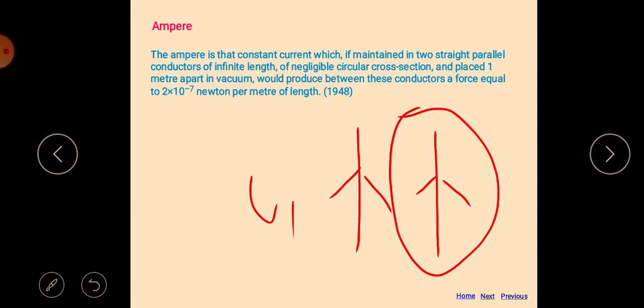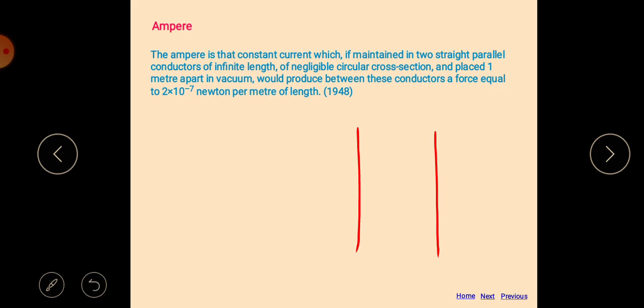If these two wires are 1 meter apart and kept in vacuum, and the force between these two is 2 into 10 raised to power minus 7 Newton per meter, that means the force per unit length is 2 into 10 raised to power minus 7 Newton, then the values of currents flowing in these two wires are 1 ampere each. This is the actual definition, and you will learn about this concept in class 12th. So this is about ampere.